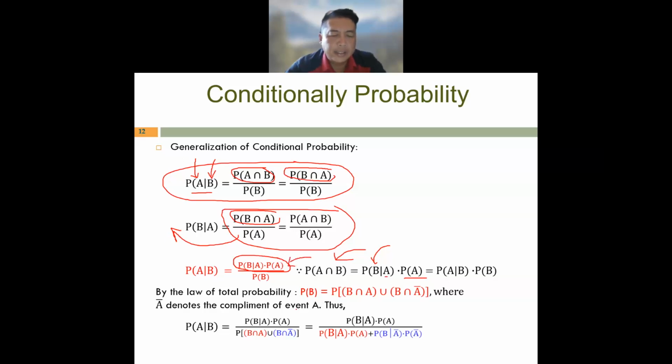At the same time, by the law of total probability, we are combining the probability of having event A and also not event A. So this is the total probability of B. That one can be substituted here.